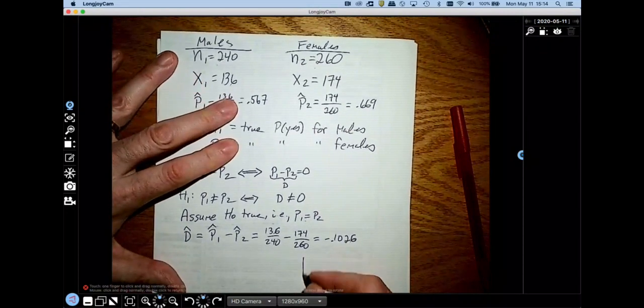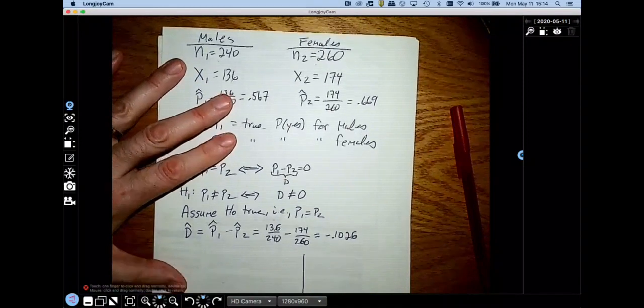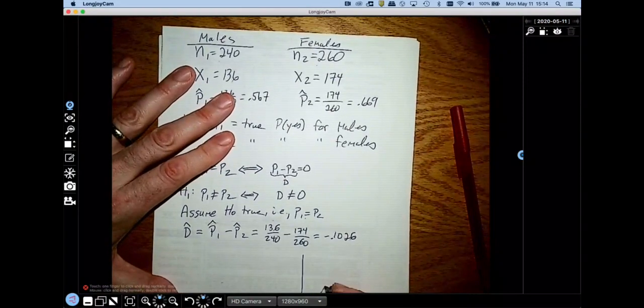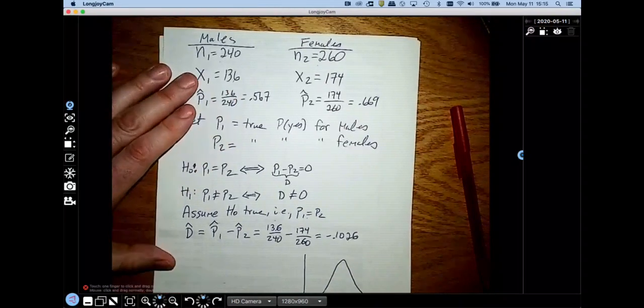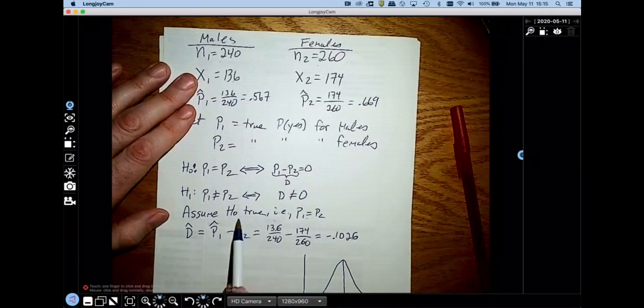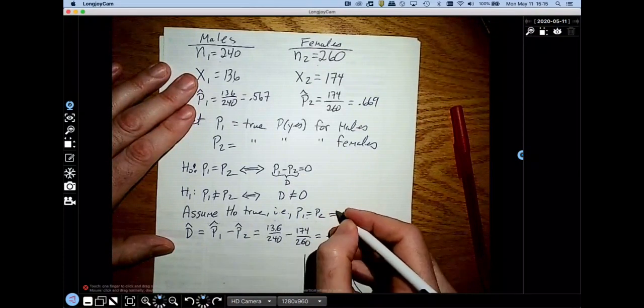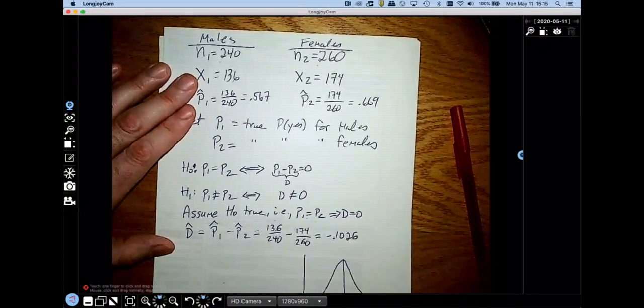So this is what my sampling distribution for d hat is going to look like: approximately normal, and under the null hypothesis, the mean of this is going to be 0. Why? I assumed that these proportions were equal, which implies d is equal to 0.